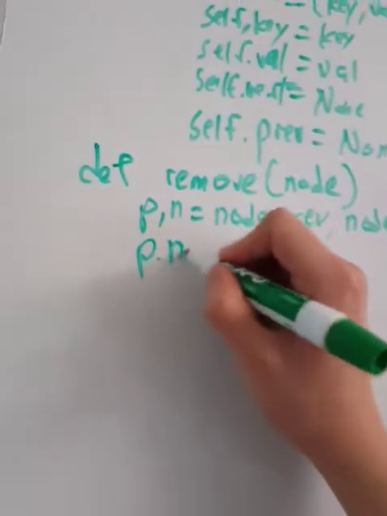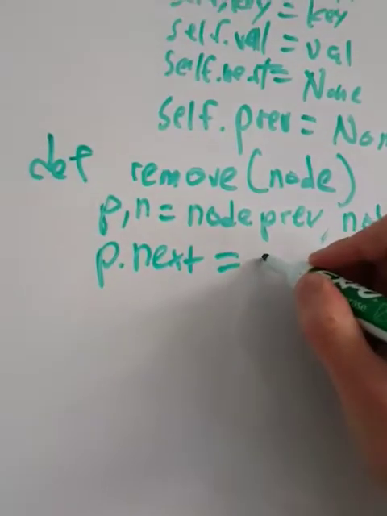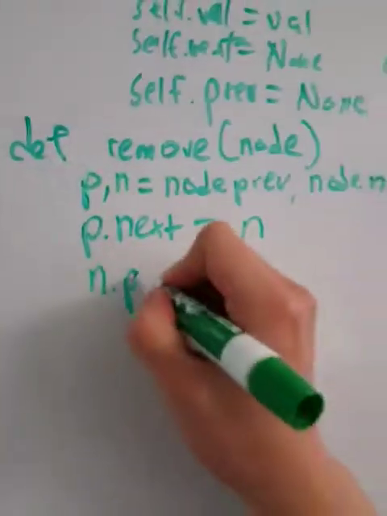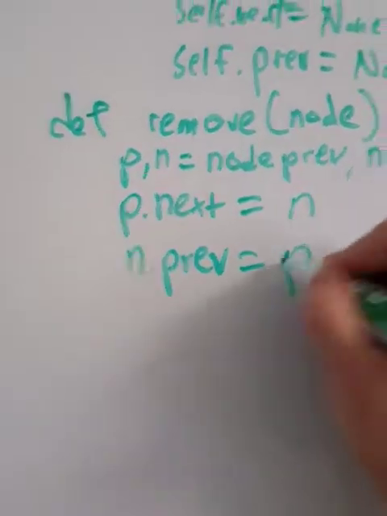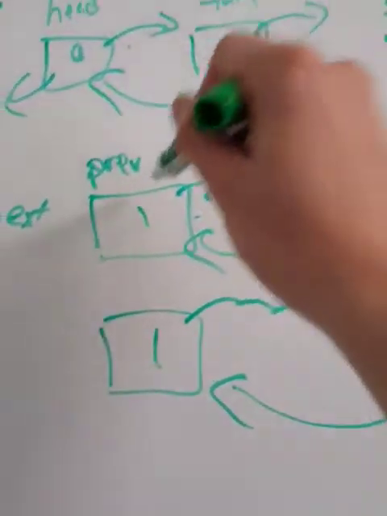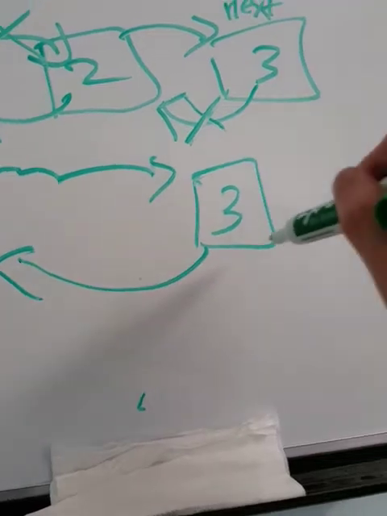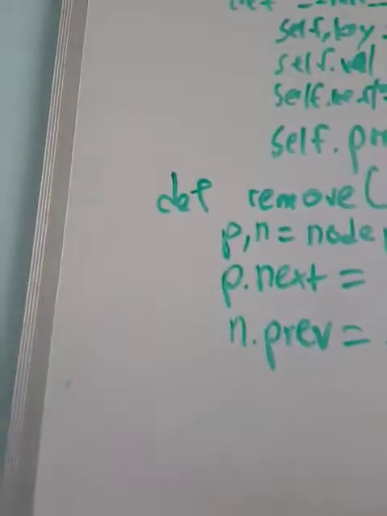We have P and N. So P.next is equal to N, and N.prev is equal to P. Yep. So this is one helper function that we need, and then the other one is going to be an add.